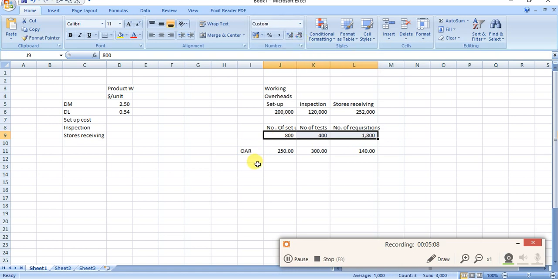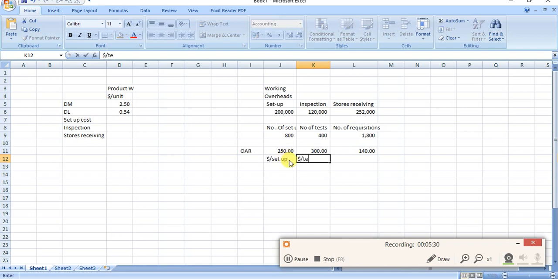So we are talking about particular product W. So I need to see how many setups it takes and how many tests it takes. Because what is this cost? This is this many dollars per setup. This is this many dollars per test. Third one, this many dollars per requisition, that is the cost.